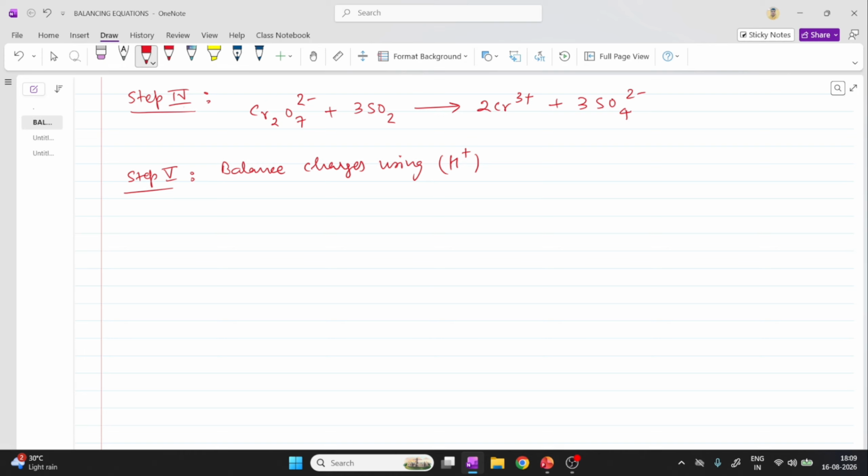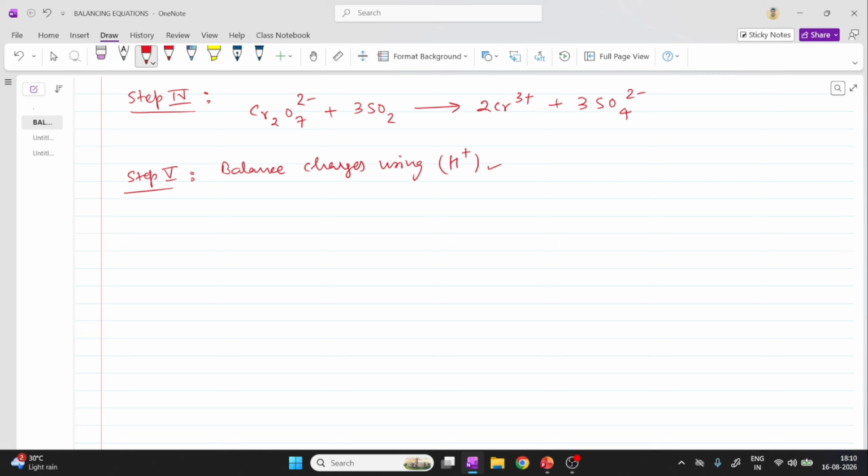On the left side we have 2 minus. On the right side, 3 plus multiplied by 2 is plus 6, and minus 2 multiplied by 3 is minus 6. Minus 6 plus 6 cancel out, so the right side is neutral, but the left side has minus 2 charge. So we have to add 2H+ on the left side only.